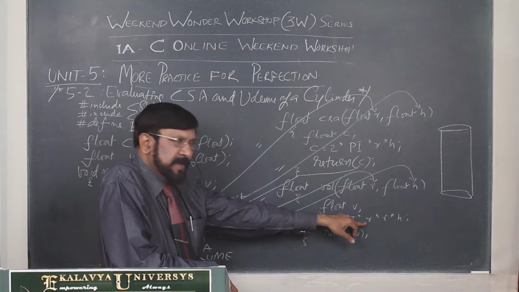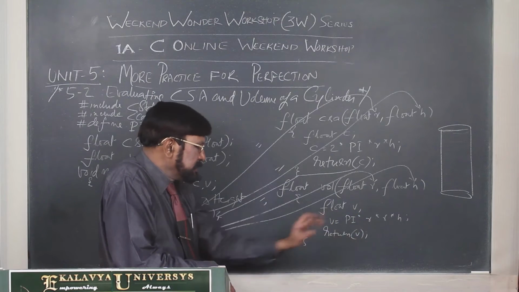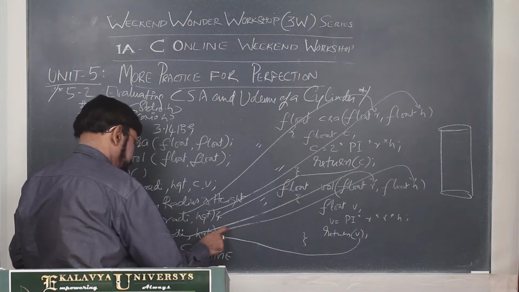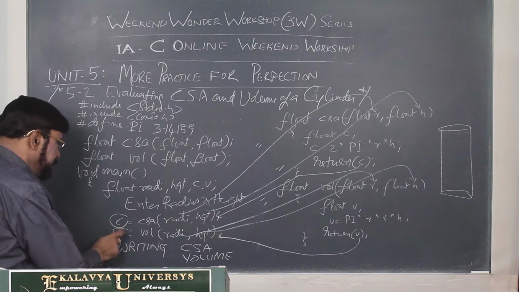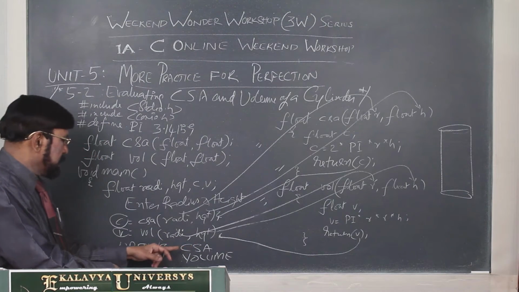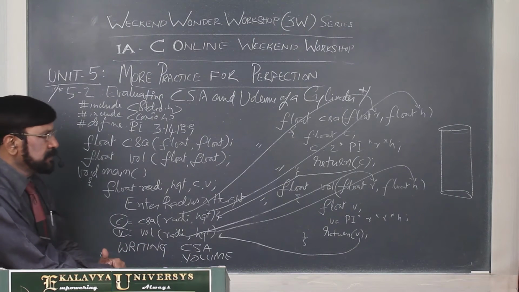Thereafter this is evaluated according to the formula and stored in V, and this is returned to the function called volume. Then in turn it is stored in V. Then you write CSA and volume. CSA of the cylinder is represented by C, volume of the cylinder is represented by V.